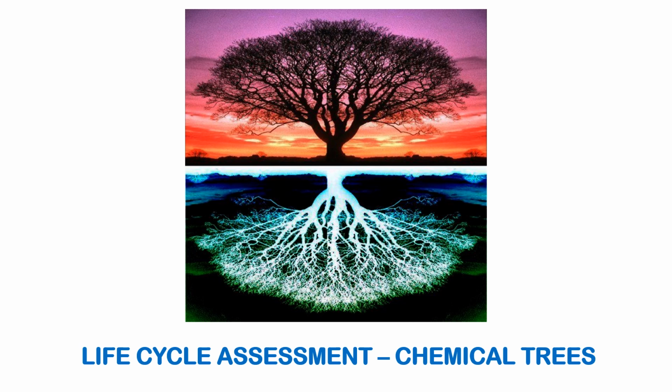In the life cycle assessment online material, you would have seen in your reading the idea of the word chemical tree, and we are not really accustomed as chemists to thinking about chemicals in terms of coming from a particular starting material, which if we trace back all the way to its roots, we can see looks very much like a tree.